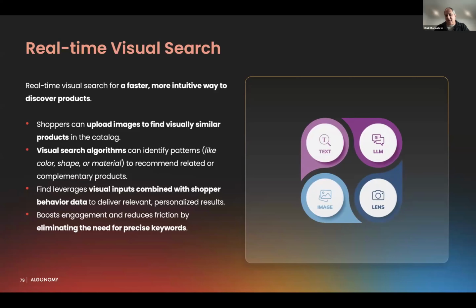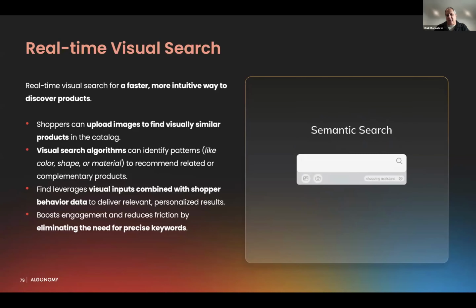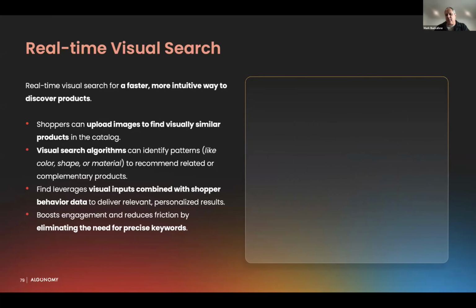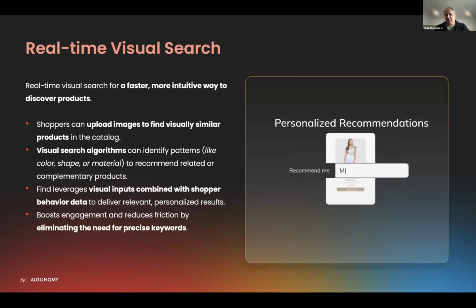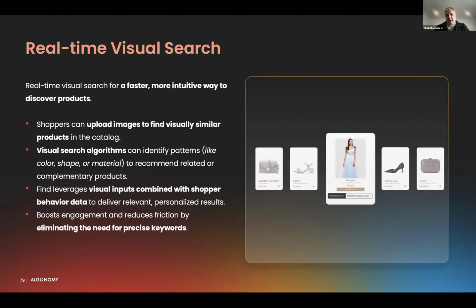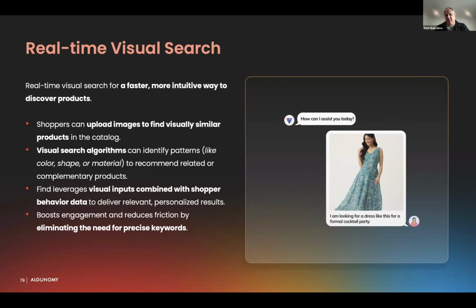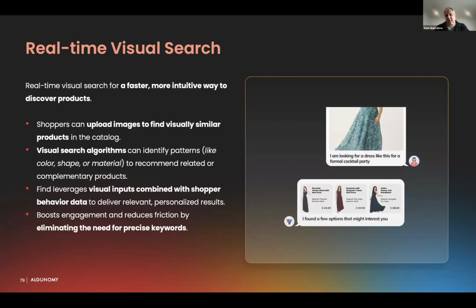And so they have models that are built to understand images in a very unique and specific way that's going to help with understanding what's a similar image to this, what kinds of images might complete the look. So they have many models that do this. They also support text-based search, so they combine visual search and text-based search together.